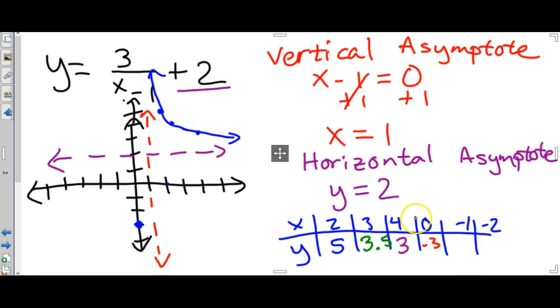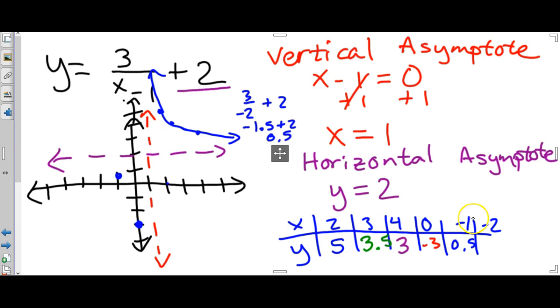If we were to plug in -1, 3 over -1 minus 1 is 3 over -2. 3 over -2 is -1.5, plus 2 is 0.5. So (-1, 0.5), which would be here.